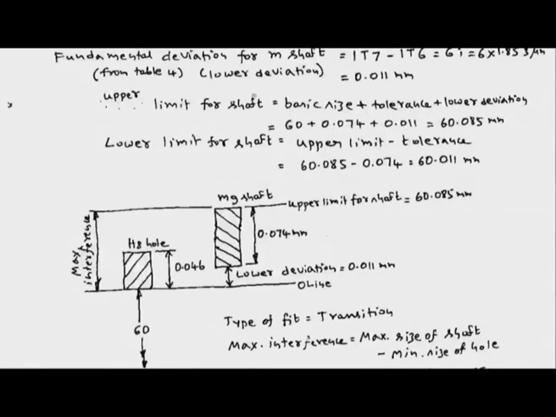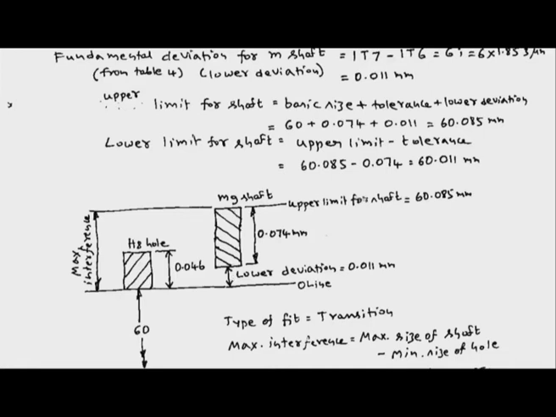Now, after finding the fundamental deviation and the tolerance value for the shaft, we can find the limits for the shaft. The upper limit for the shaft is equal to the basic size of the shaft plus the lower deviation that is allowed, and then we have to add the tolerance.